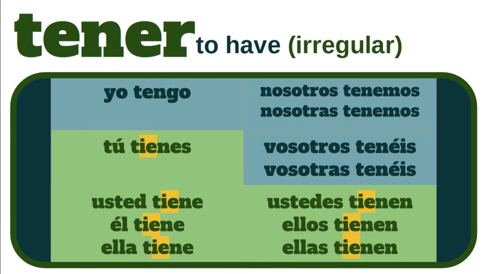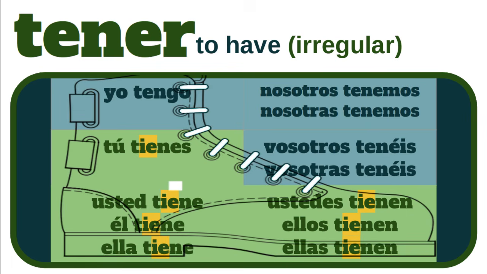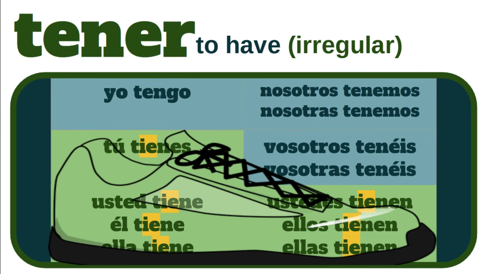Yo tengo, tú tienes, usted, él, and ella tiene, nosotros tenemos, vosotros tenéis, ustedes, ellos, ellas tienen. Because this doesn't quite fit the model of a boot verb, we could call it a tennis shoe verb. It's a little shorter because the yo form does not have the stem change.